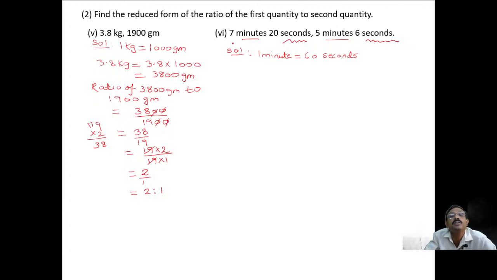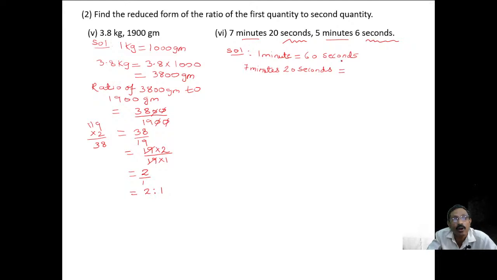Now we have to calculate this 7 minutes and 20 seconds. How many seconds will it have? So let us write here 7 minutes 20 seconds.